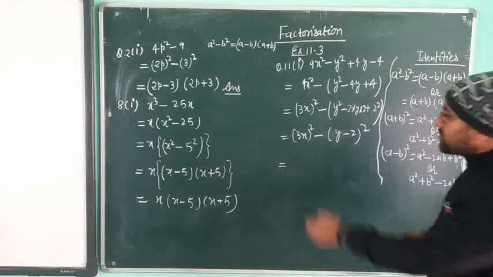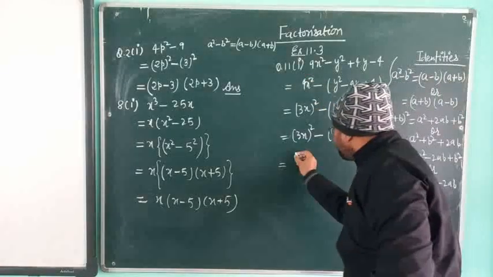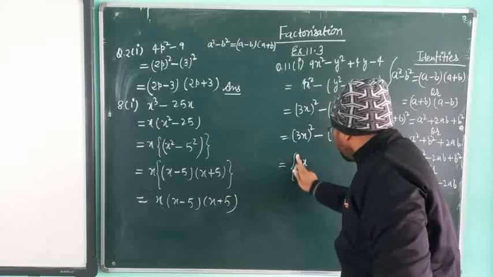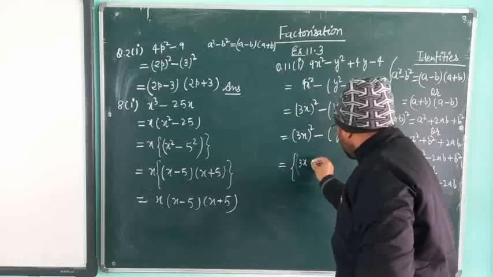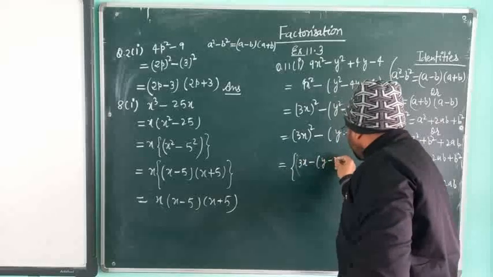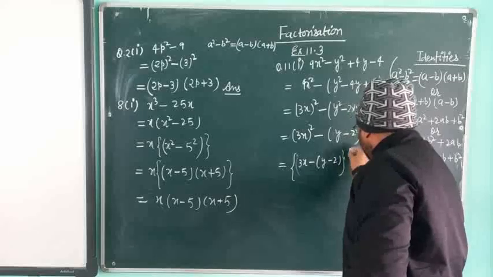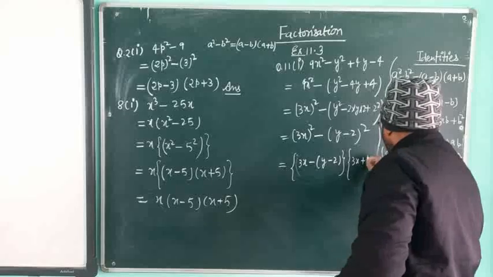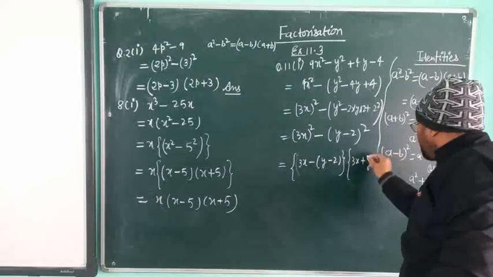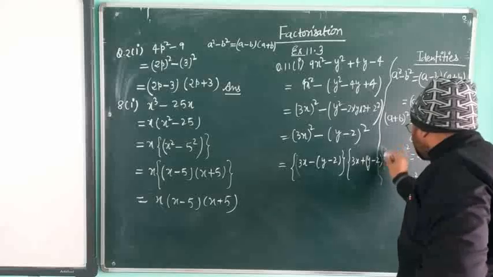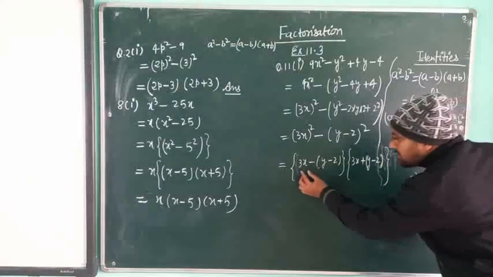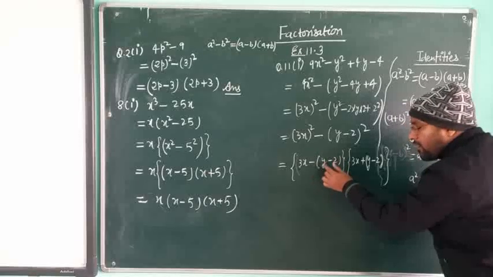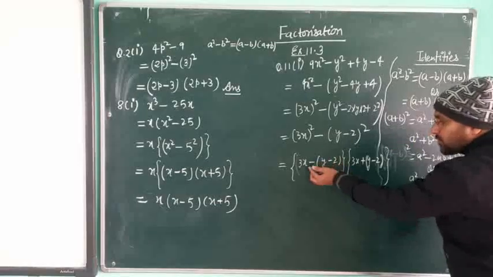In place of a, in curly bracket 3x minus (y minus 2), and in another curly bracket 3x plus (y minus 2). See this one: 3x minus in bracket (y minus 2), because it is two terms, we write it in brackets because of the minus sign.